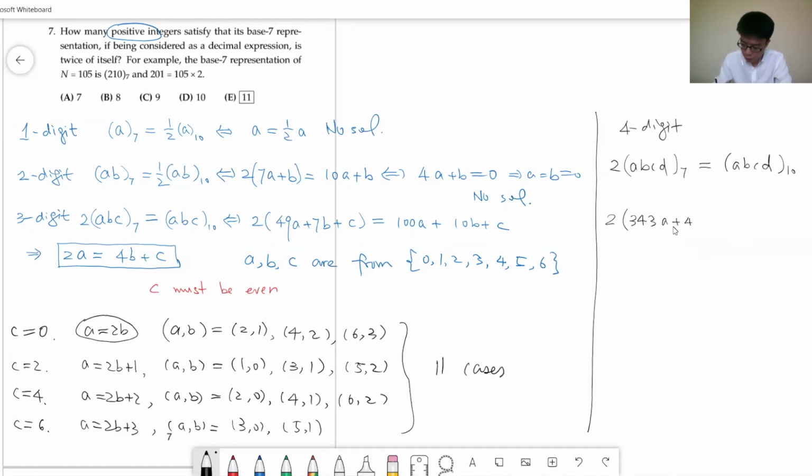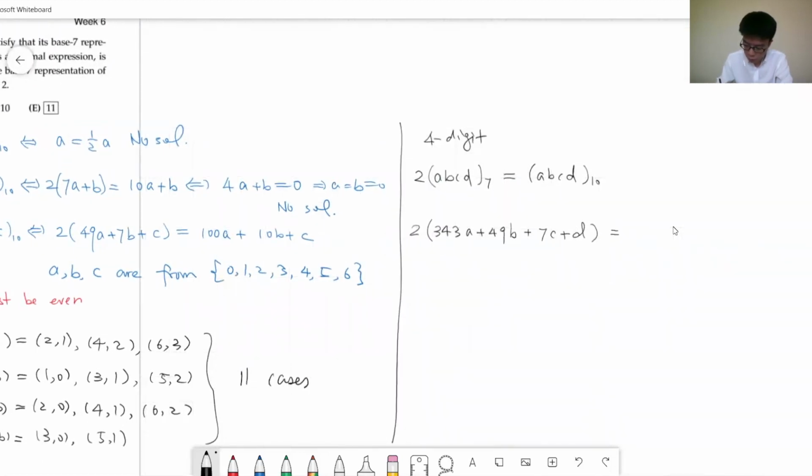A plus 49B plus 7C plus D equals 1000A plus 100B plus 10C plus D. Now let's simplify it. For A, this is 686. So subtracting, we get 314A plus 2B equals 4C plus D. This is impossible.